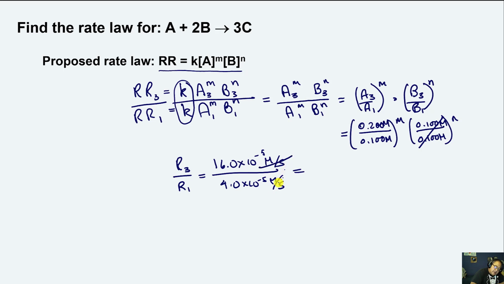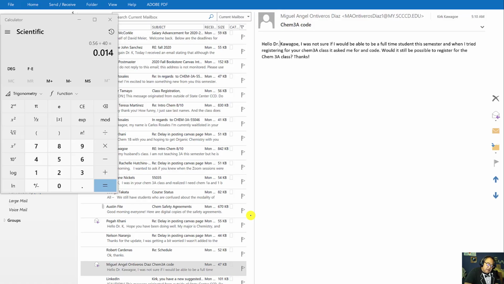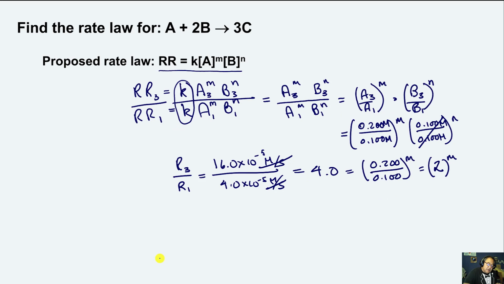Again, units cancel out, and now we're left with the number 4.0 is equal to this.